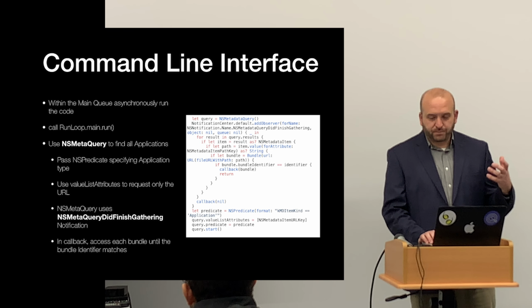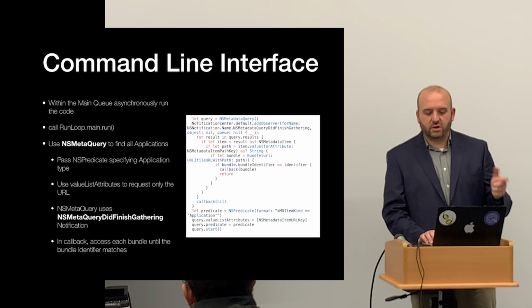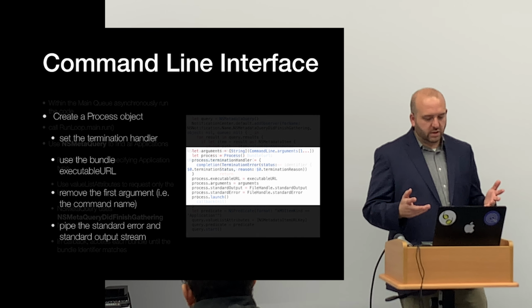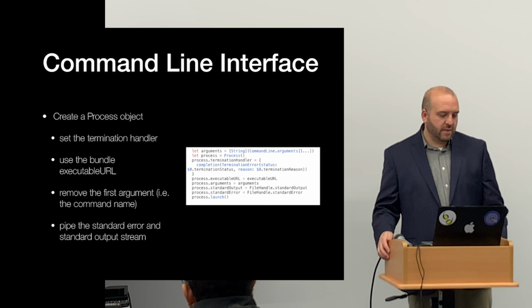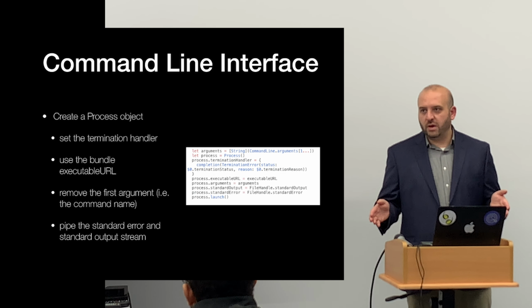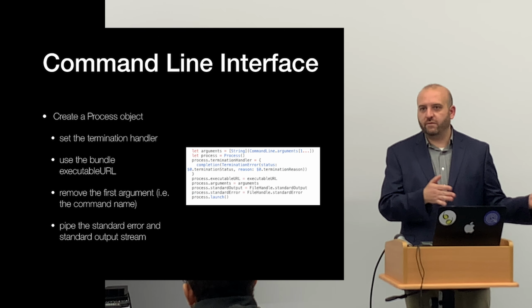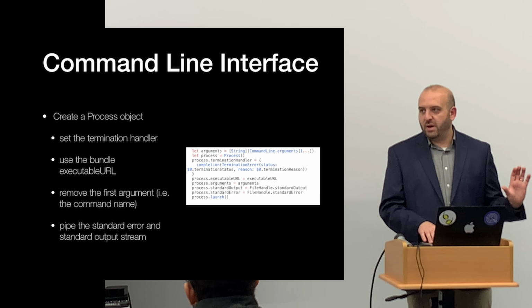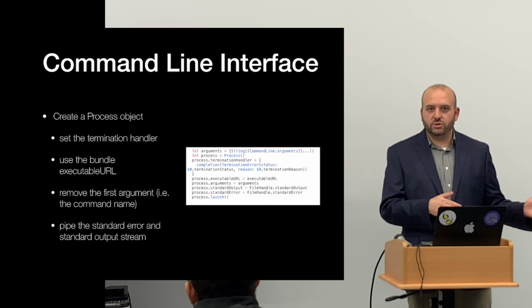Once I know that, I have the bundle. And then from there, I can grab the bundle's executable URL because I can just access the bundle. And then remove the first argument that was passed to the command because the first argument is going to be the actual command name itself. And then make sure I pipe the standard output and error from that application to my application.